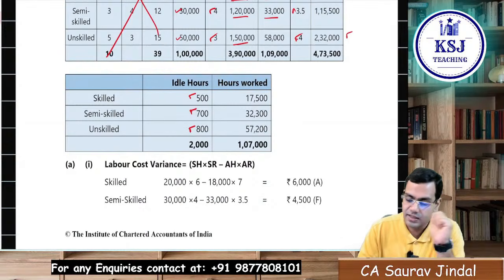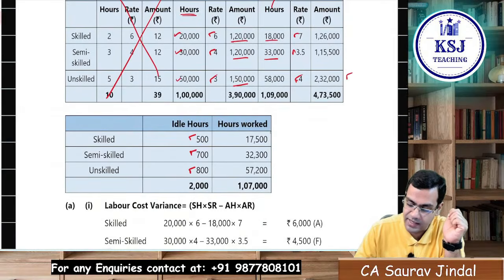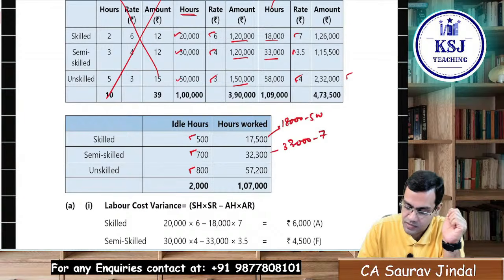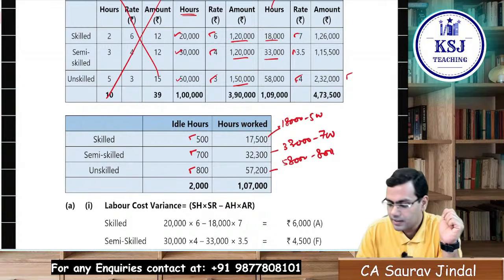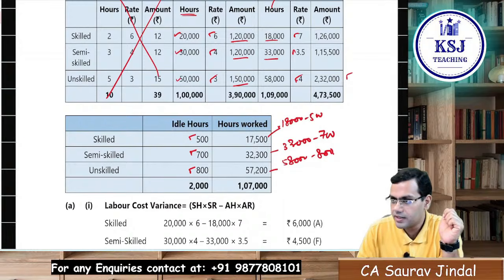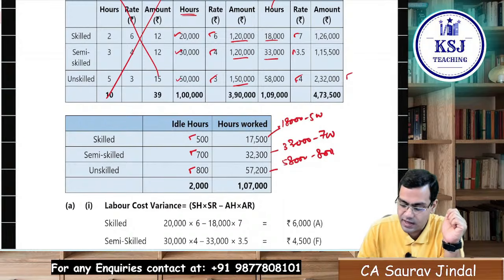So actual hours minus idle hours. So hours worked, you will get it as 18,000 minus 500, 33,000 minus 700, and 58,000 minus 800. Clear? Thank you, AK. So this is the hours worked.